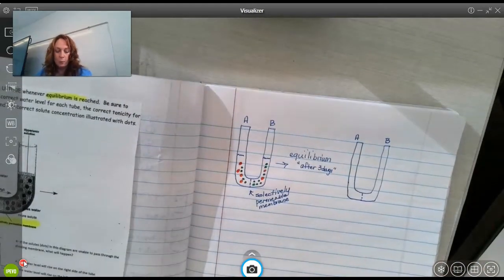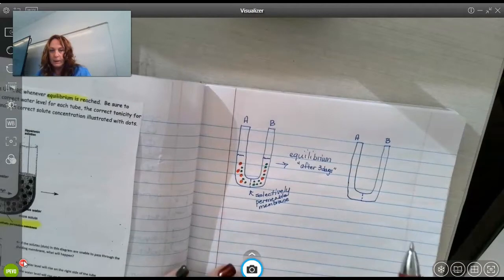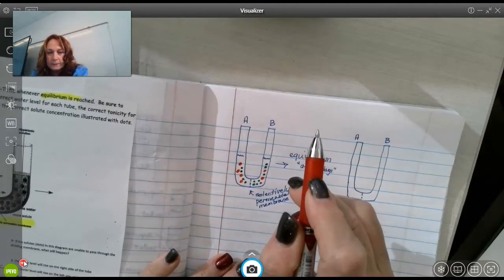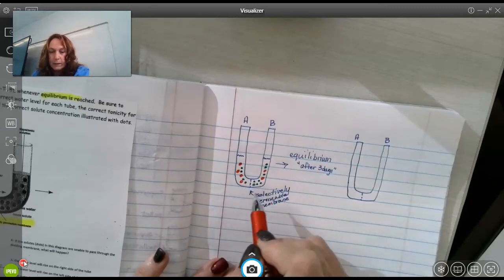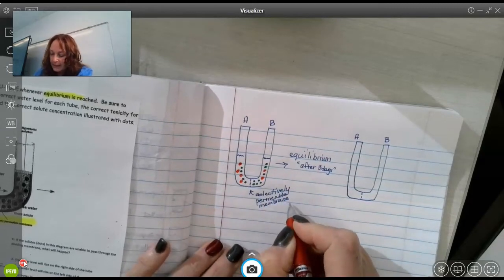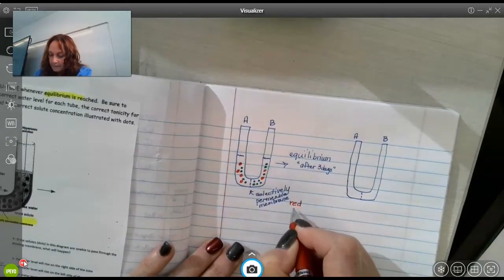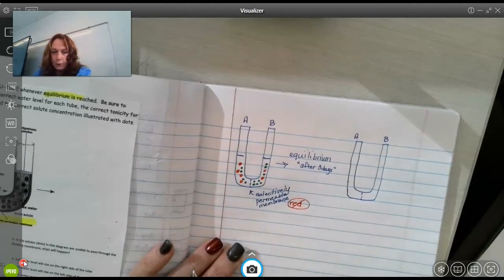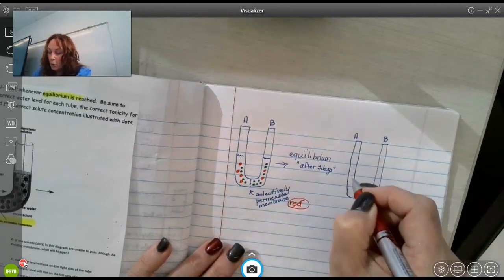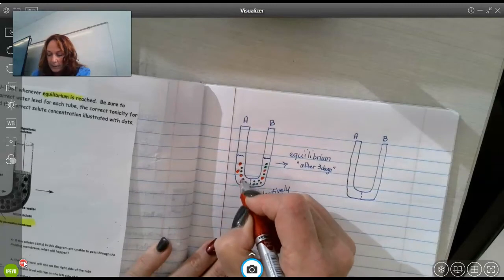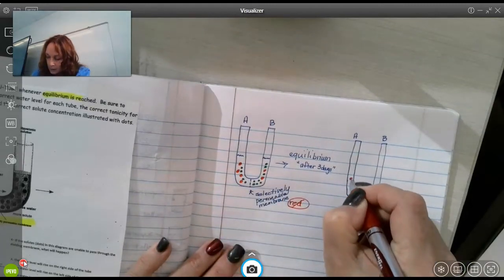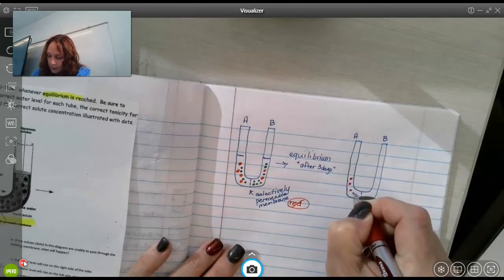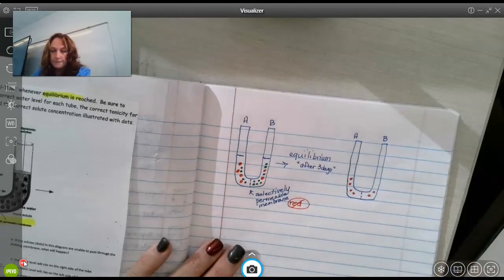I'm not going to put water levels in yet. So let's start with the red. We will not have any movement of the red because I said that the red cannot move through. So if you had twice as much in A as you have in B, you'll still have that. So 1, 2, 3, 4. 1, 2. Okay?